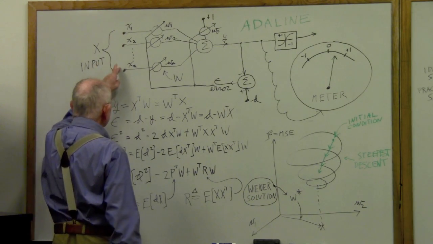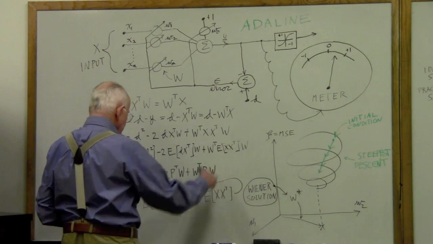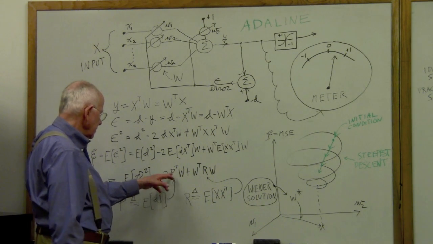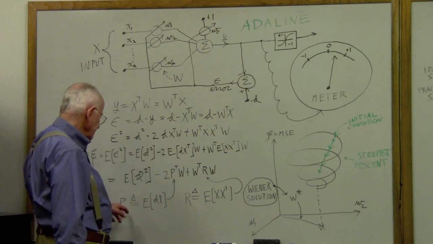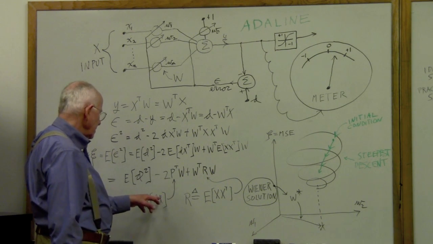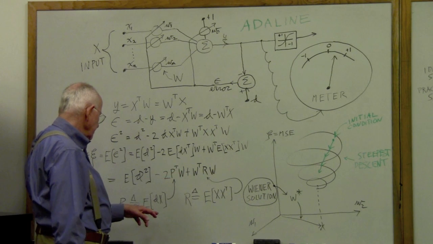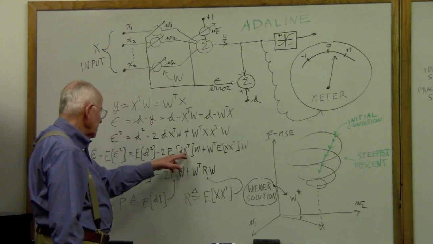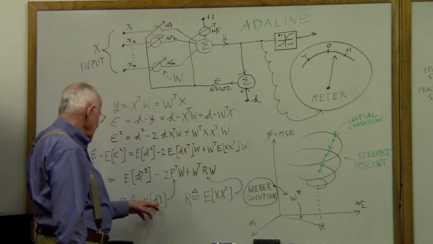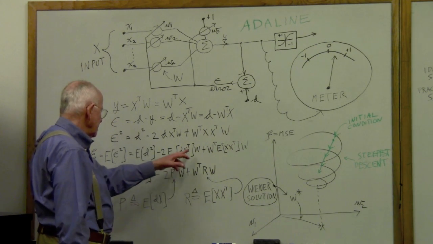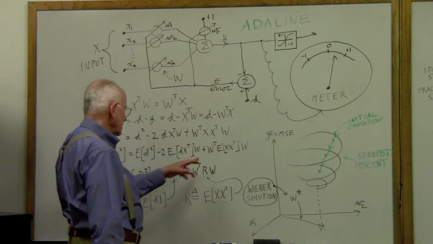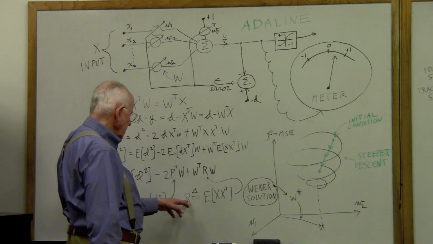So the input is a vector, the desired response is a scalar, the product is a vector, so the expected value of a vector is a vector, that's the p vector. So p is that, and this is p transpose w. In other words, you got expected value of dx transpose. So dx is defined as p, so that this becomes p transposed times w.